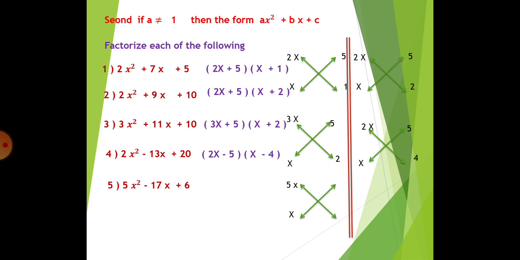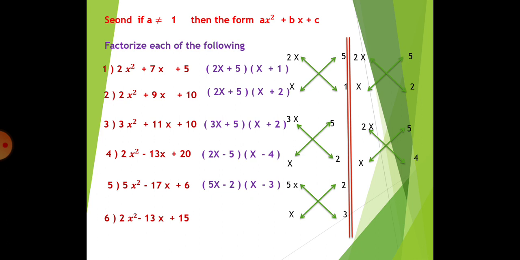If we put 2 behind 5 and 3 on x, the product of extreme 5x times 3, 15x, and 2 times x, 2x, 15 plus 2 equals 17x. So factorize 5x minus 2 and x minus 3.